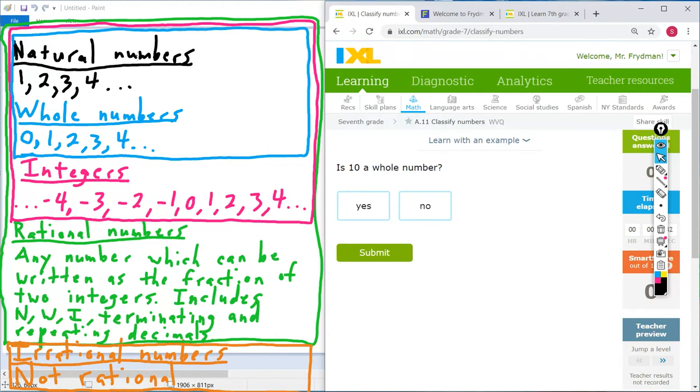Natural numbers are very simple. You just start with 1, and then to get the rest of them, you just keep adding 1. So 2, 3, 4, 5, 6, 7, 8, 9, 10, and so on. 11, 12, and on and on and on. Okay, those are the natural numbers.